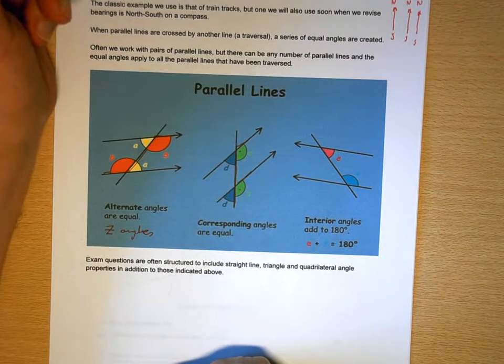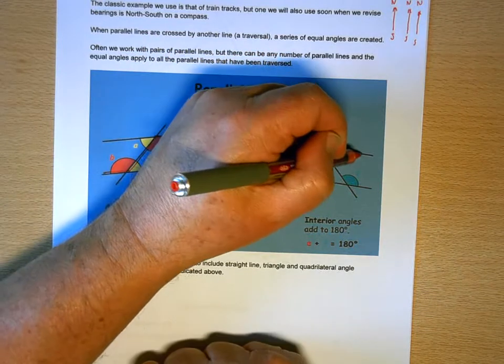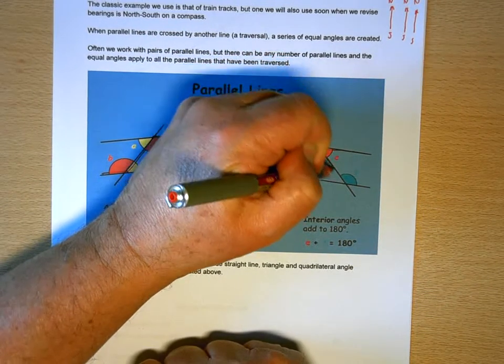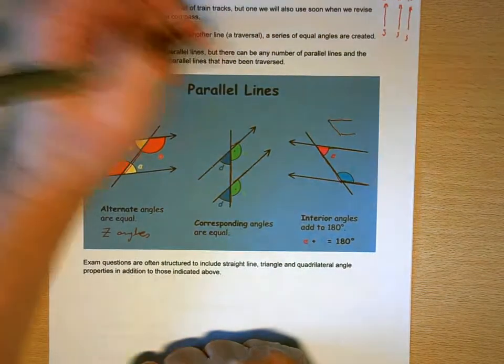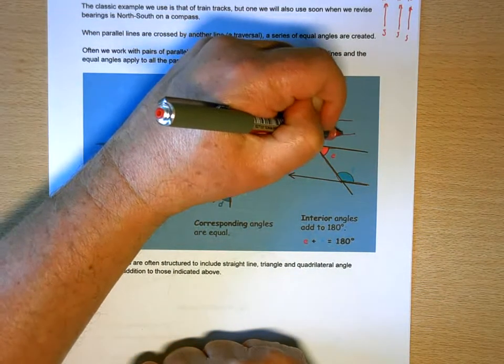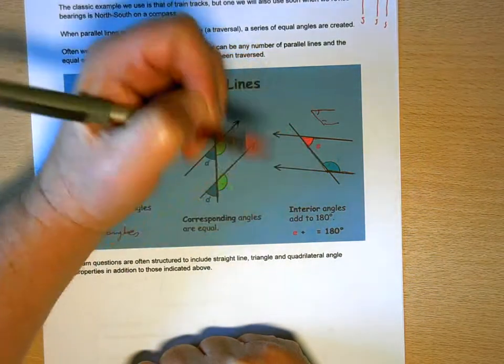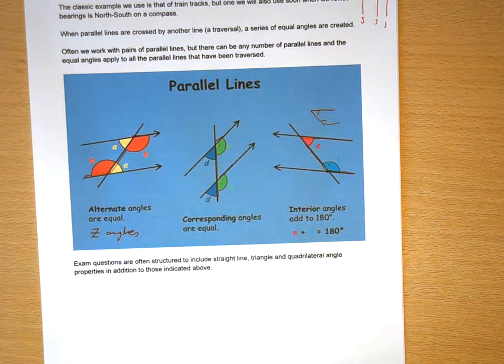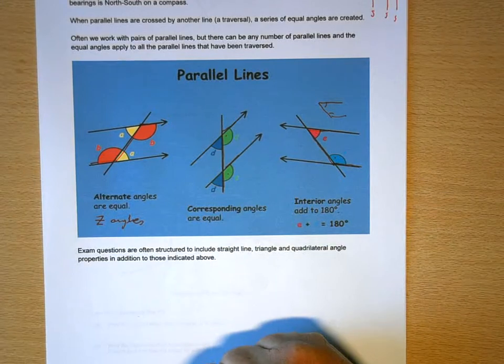And then the final one, which isn't equality, is, if you think of a C angle, so if you think we've got a sort of letter C there, then the angles inside that letter C add up to 180. So that one plus that one equals 180. So those are the 3 relationships you need to remember. You're not given them, you have to spot them.